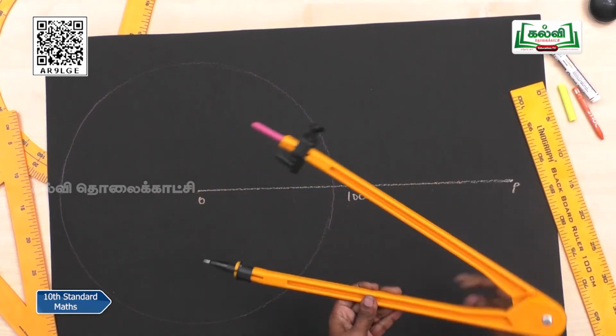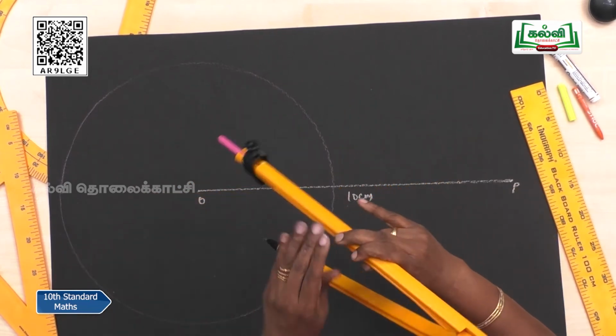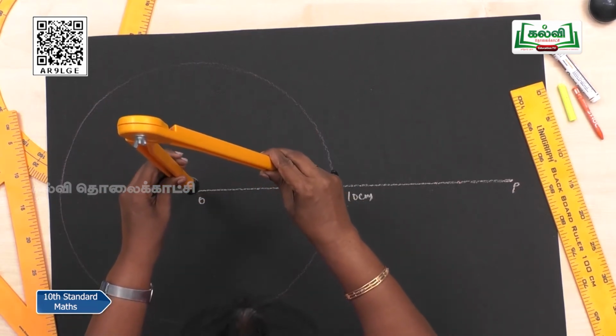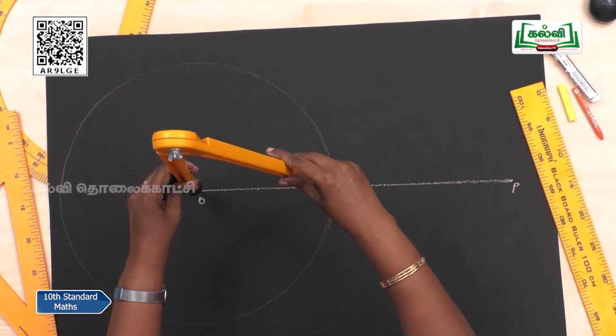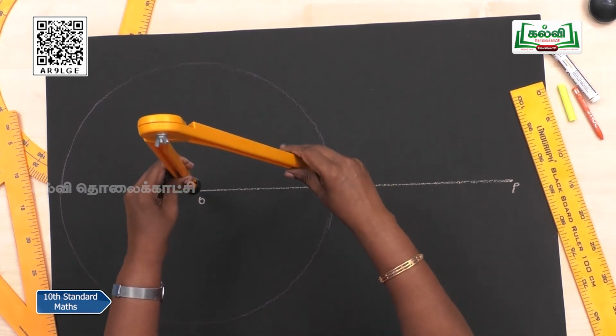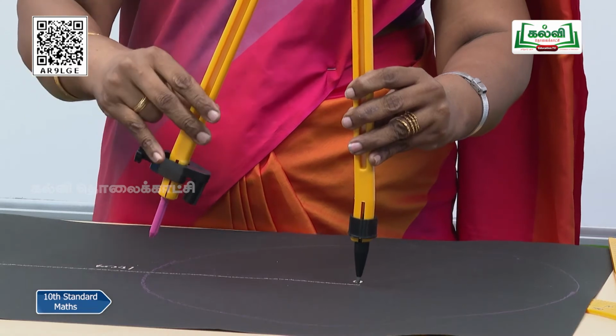Okay. After that, we are going to construct the perpendicular bisector. So, keep at the point O. You know how to construct the perpendicular bisector? You can take more than half of the required line, that is the OP line, 10 centimeter.